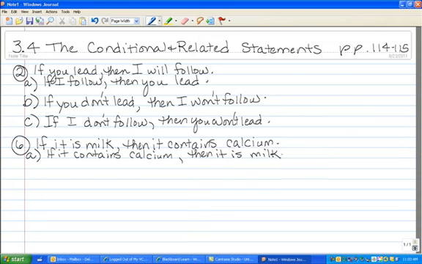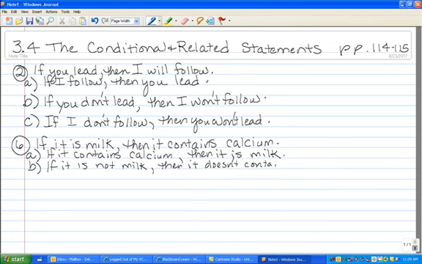The inverse in part B, we want to insert not. So if it is not milk, then it doesn't contain calcium.